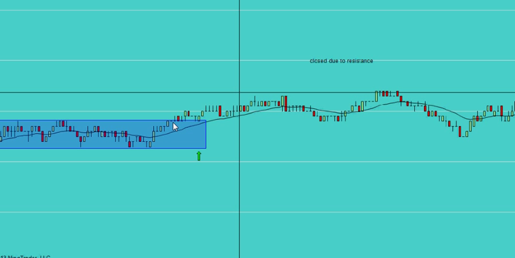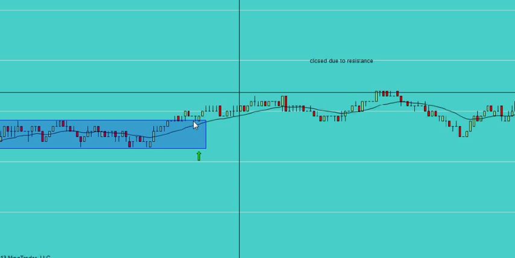In this case I was a little bit late. I should have entered in this area. However, if I remember right, I was talking at the time, and when I looked back at the chart, I'd already got the breakout of the resistance.